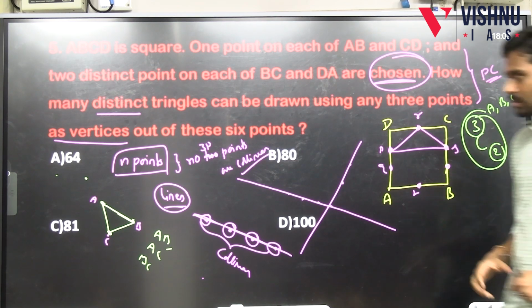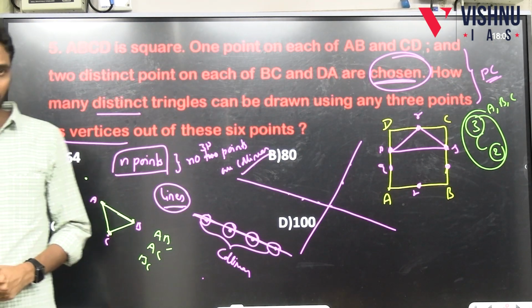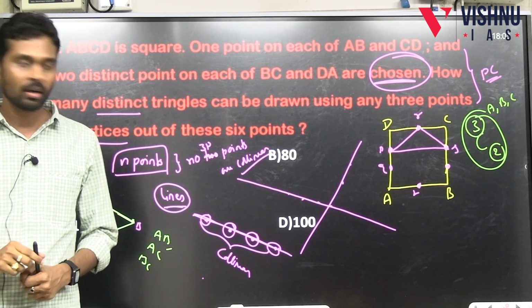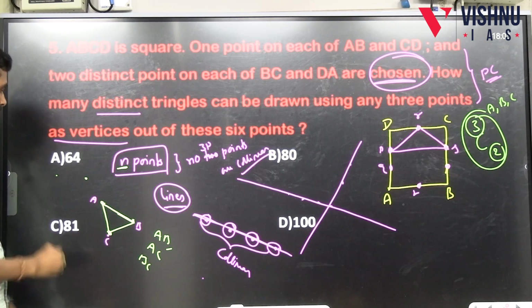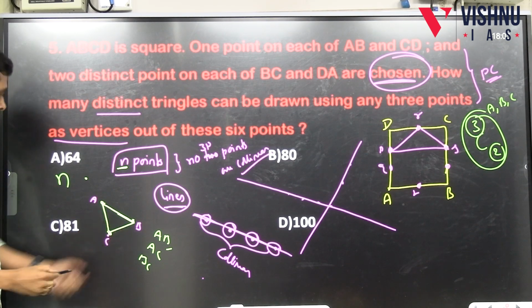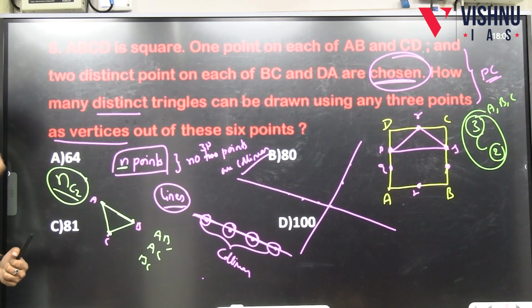Likewise, whenever we are supposed to select a few things from the given number of things, we use NCR. Here we are selecting: there are n points, and from n points we select any 2 points. So the formula is NC2. The number of straight lines is NC2.